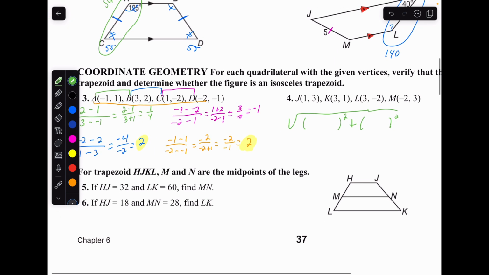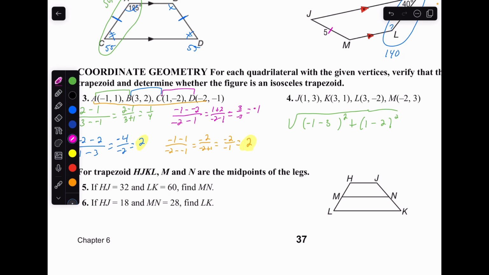So for this one, I can easily say, okay, it's a negative 1 minus 3 and 1 minus 2. That's for the green.